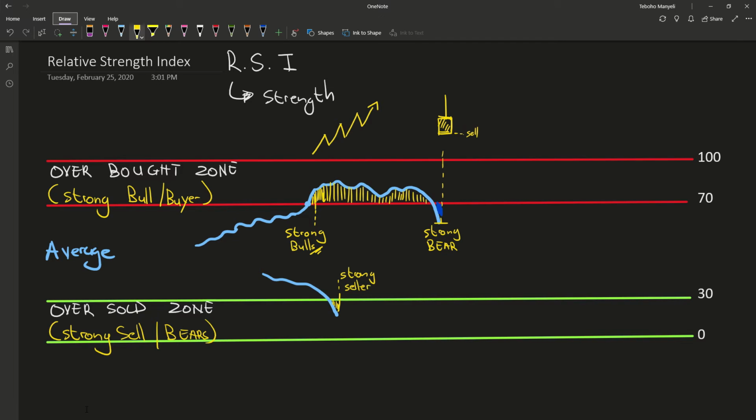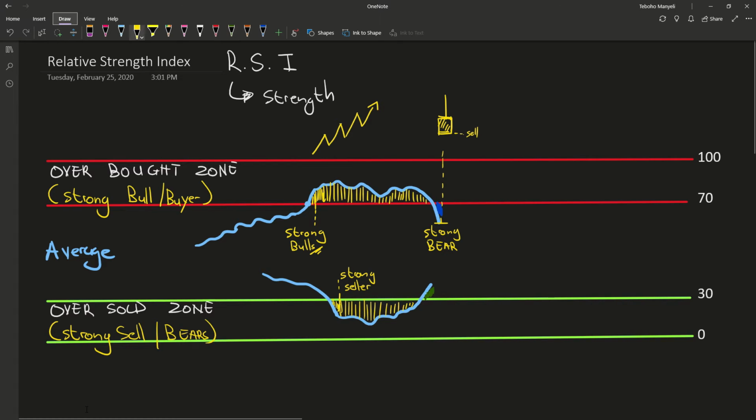Okay, and for as long as the RSI stays below the 30, we'll know that the sellers are extremely strong till they get to a point where they break out and now they're above the 30. At this point, all the strength that the sellers had has been challenged by this buyer that just came into the market here.